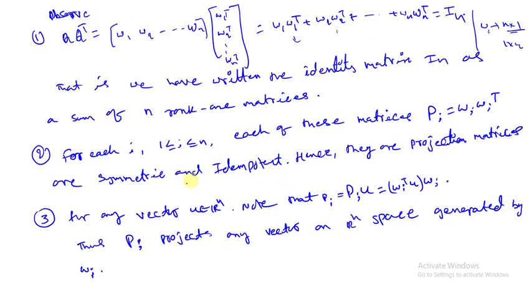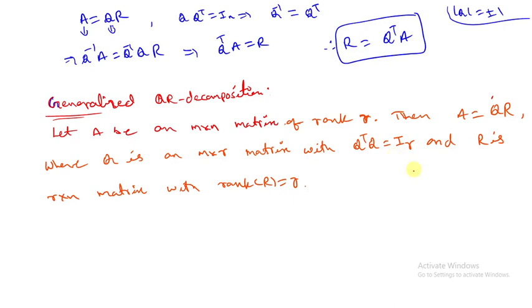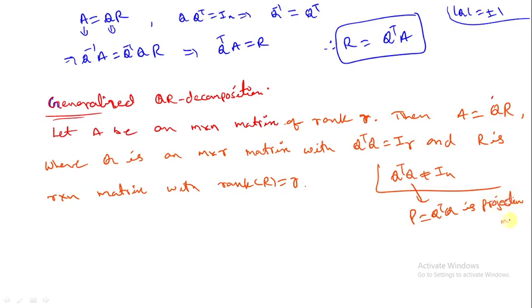Here we get Q transpose Q identity, while Q Q transpose is the projection matrix. In this case, Q Q transpose is not the identity.